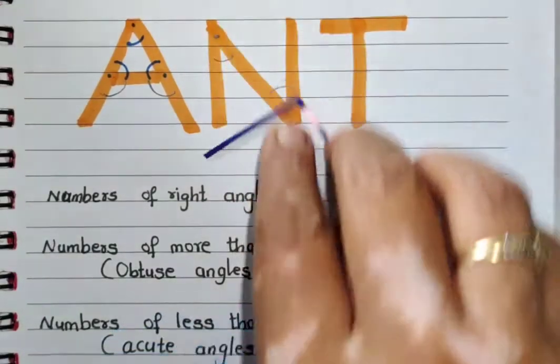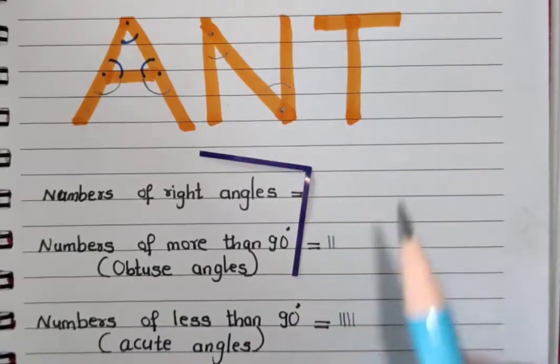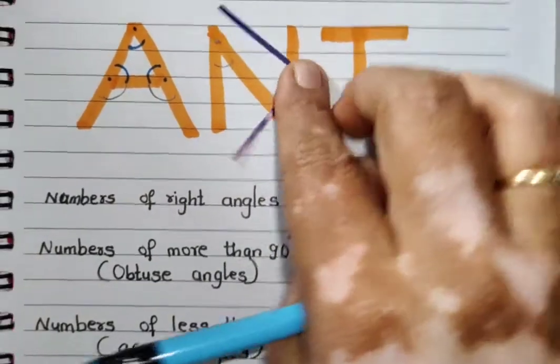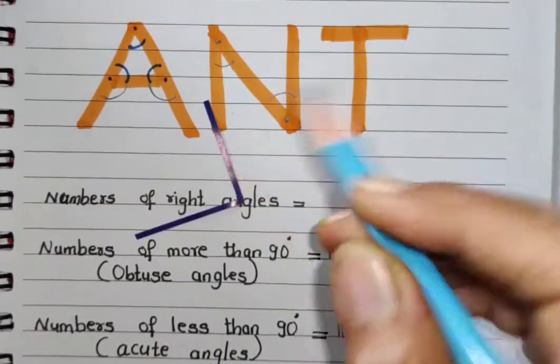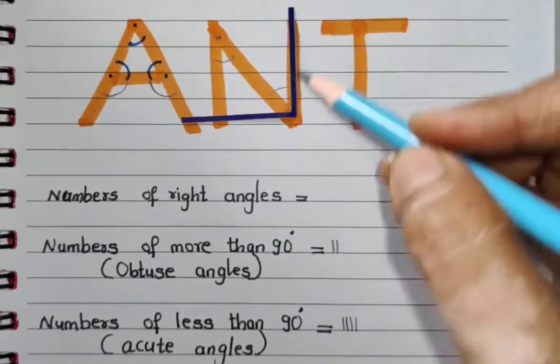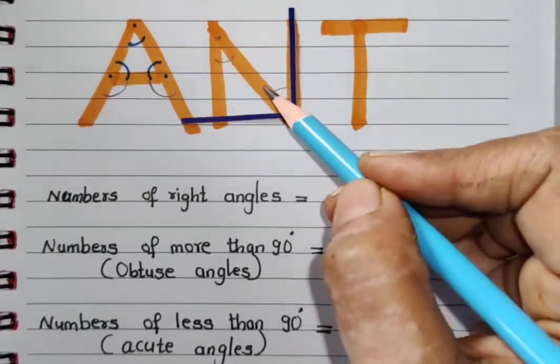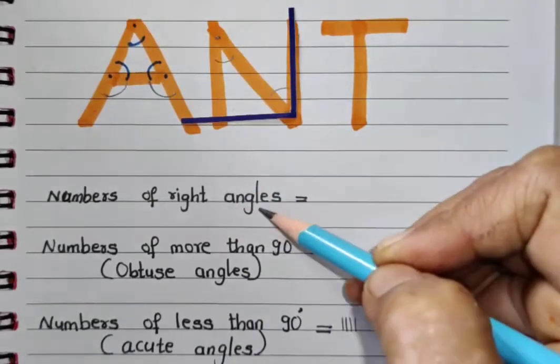Now this vertex we are going to overlap with the vertex of the 90 degree angle, in such a manner that one line should overlap with the line of this 90 degree. So we can find out whether the other arm of the angle is within 90 or outside 90.